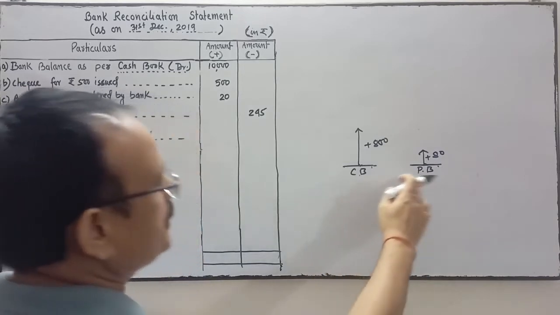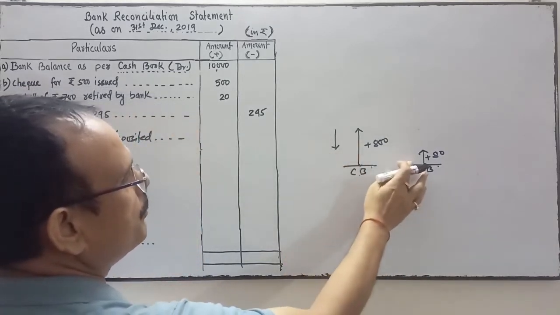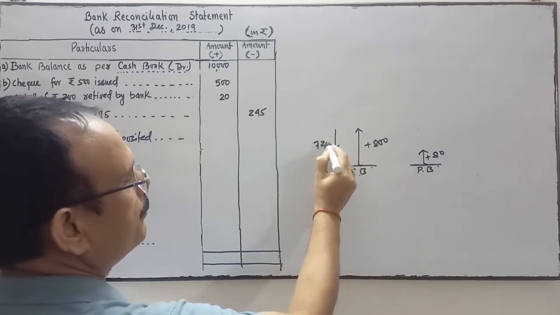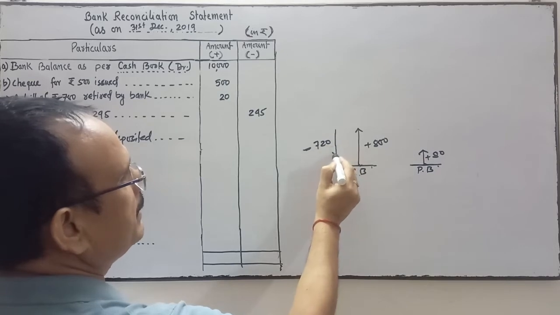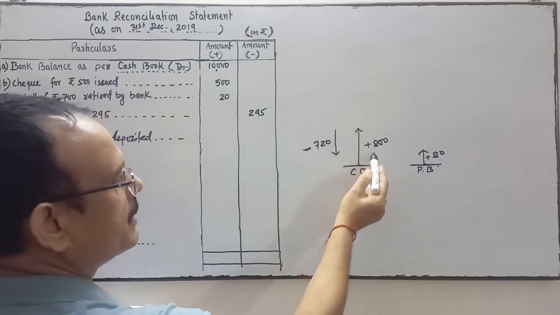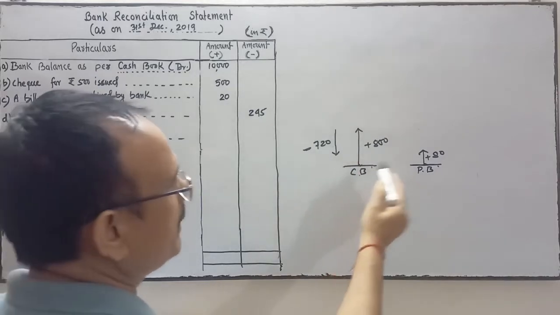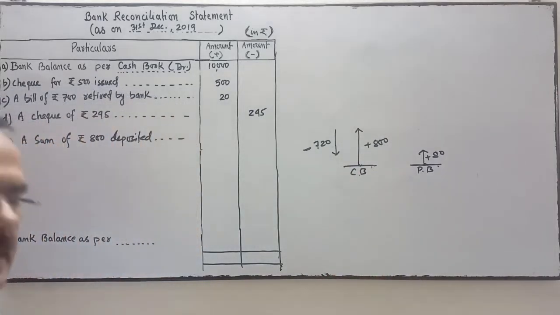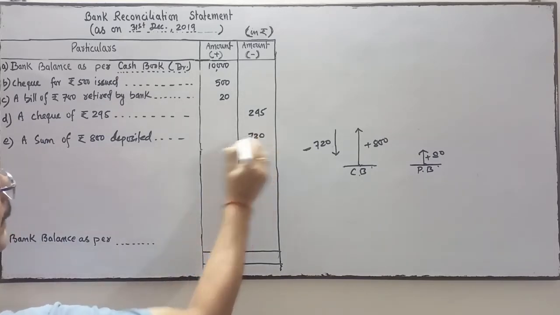So to make the balance equal, how much amount will we deduct so that it will be plus 80? 720 will be minus. So 800 minus 720, so this side will be plus 80. So cash book balance and passbook balance will be same. So 720 will be deducted.